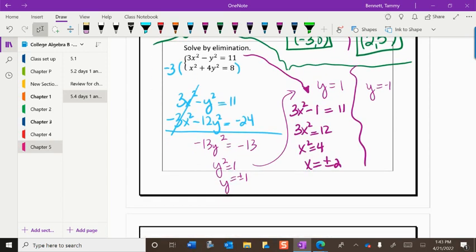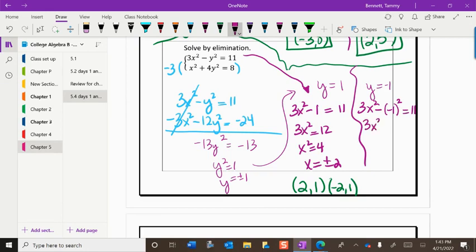What does that mean for my answer? That means when x is 2, my y is 1, and when x is negative 2, y is 1. All right, so we go to the other one. Y is negative 1, so this time I have 3x squared minus, well, if I square negative 1, I get positive 1.